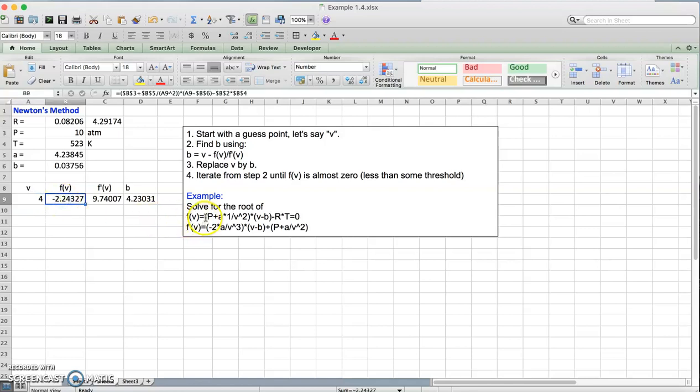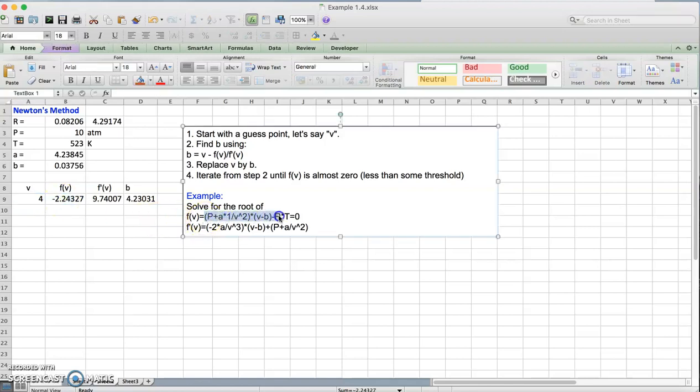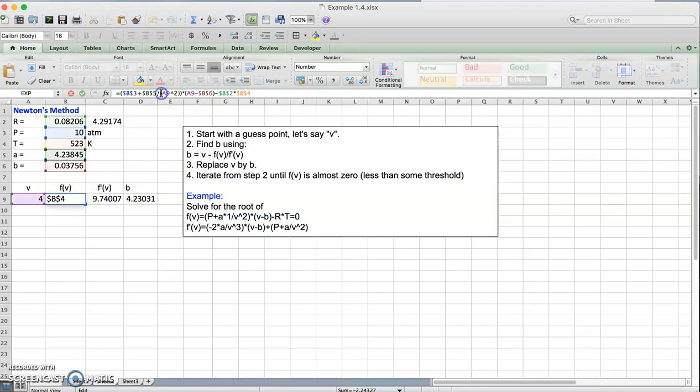We have to implement the left-hand side of this equality on this cell, which is exactly like the one written.